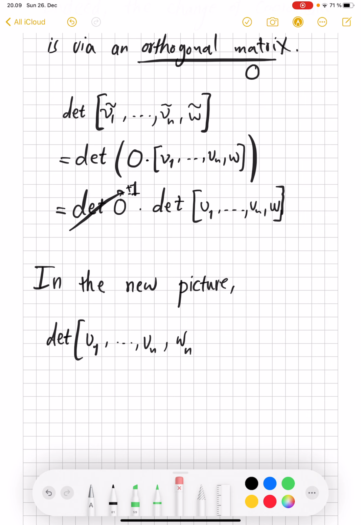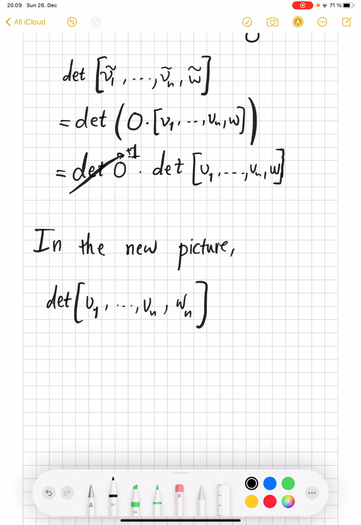Let's say I have already done this transformation and renamed them back to v1 to vn, w.